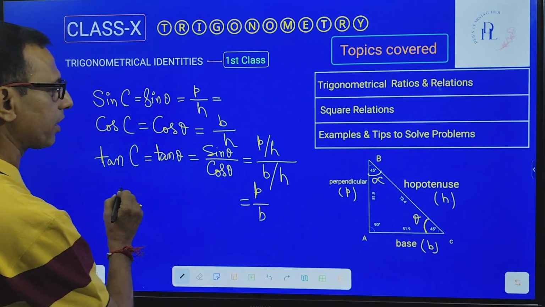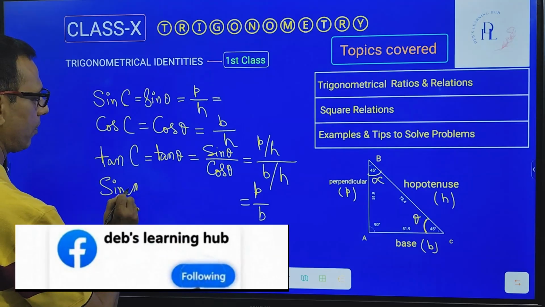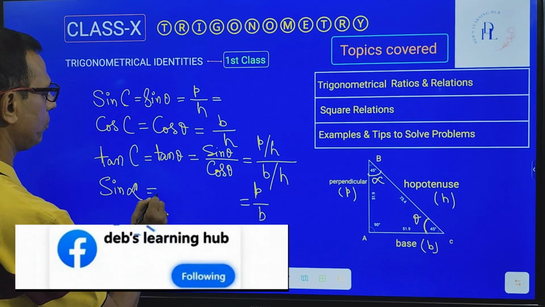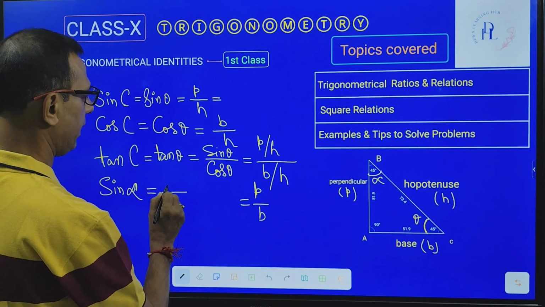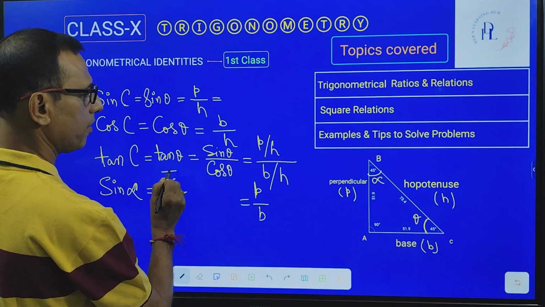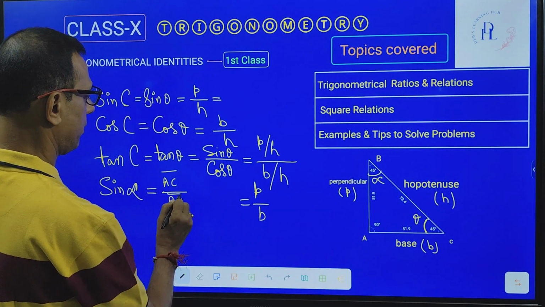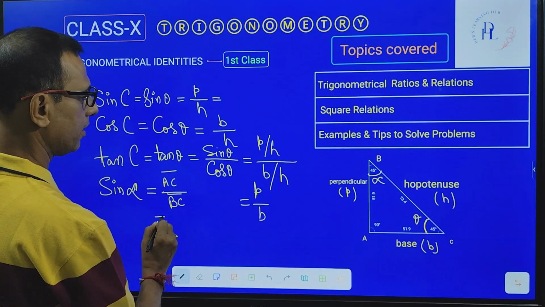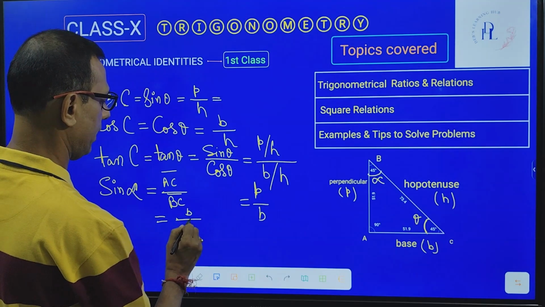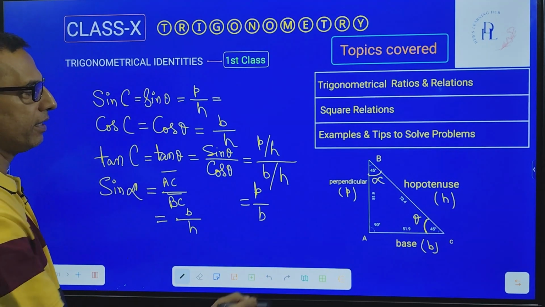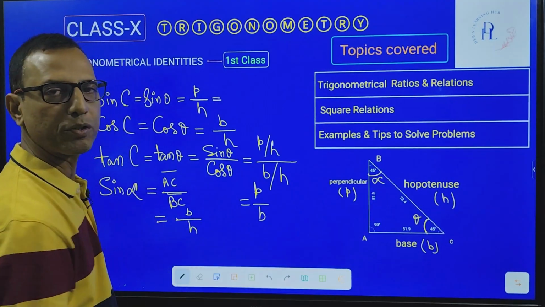So straight away we can say sine alpha equals AC by BC, that means B by H. So actually this sine alpha is now base by hypotenuse.